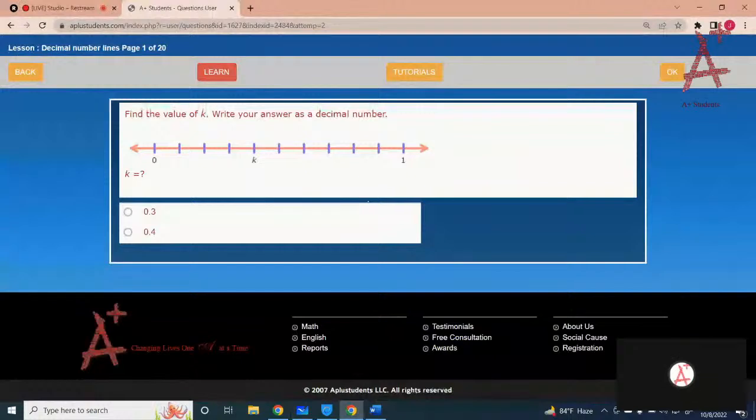What is the value? Just count the intervals: 1, 2, 3, 4. That means k is at 0.4. Got it? Because it has four intervals from 0 to k. So it is 0.4. Got it?